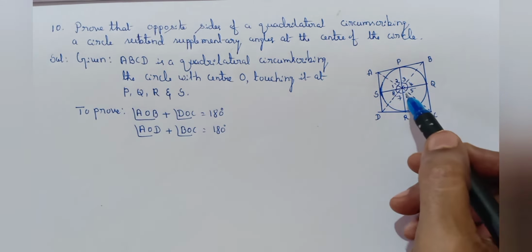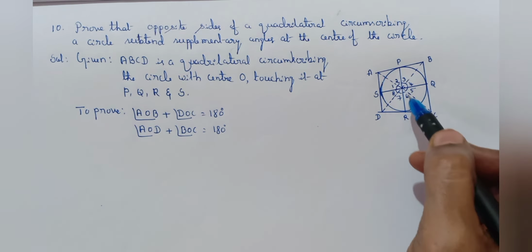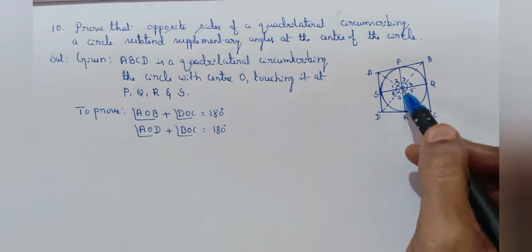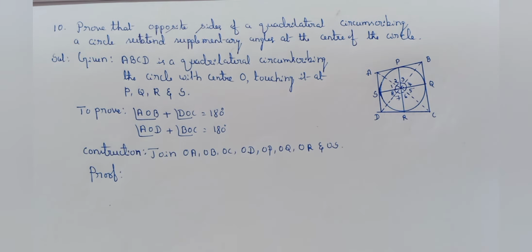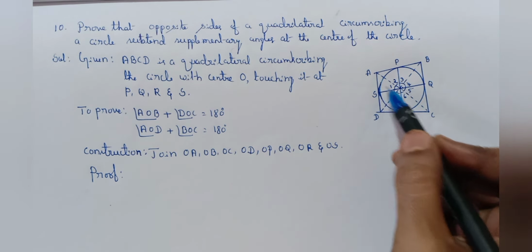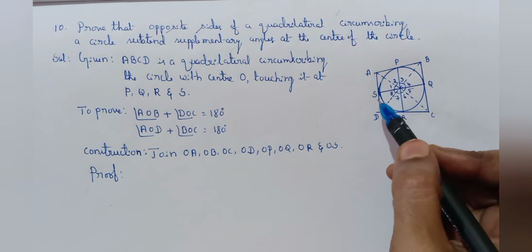Next, join OA, OB, OC and OD and OP, OQ, OR and OS. Next step is proof. Consider the triangle AOB and AOS.